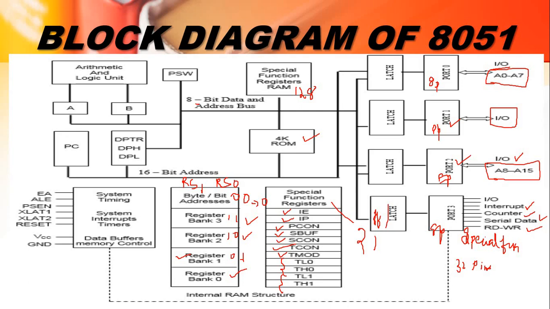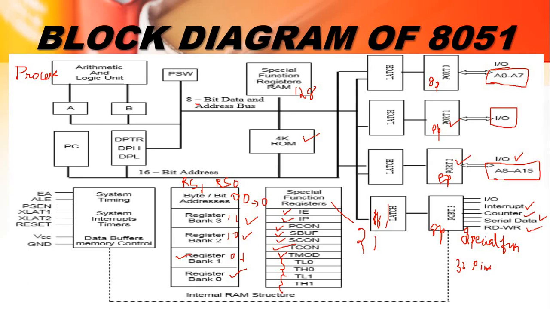Next we have the arithmetic and logic unit, which mainly performs the arithmetic and logical operations. It is the processor unit, the main and important unit. From this, all the data is sent to the accumulator.